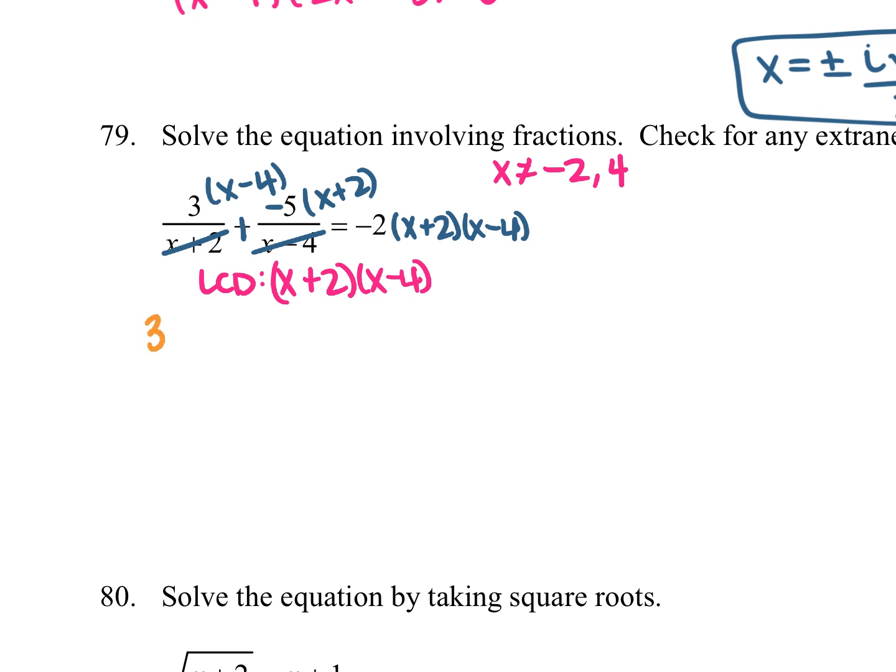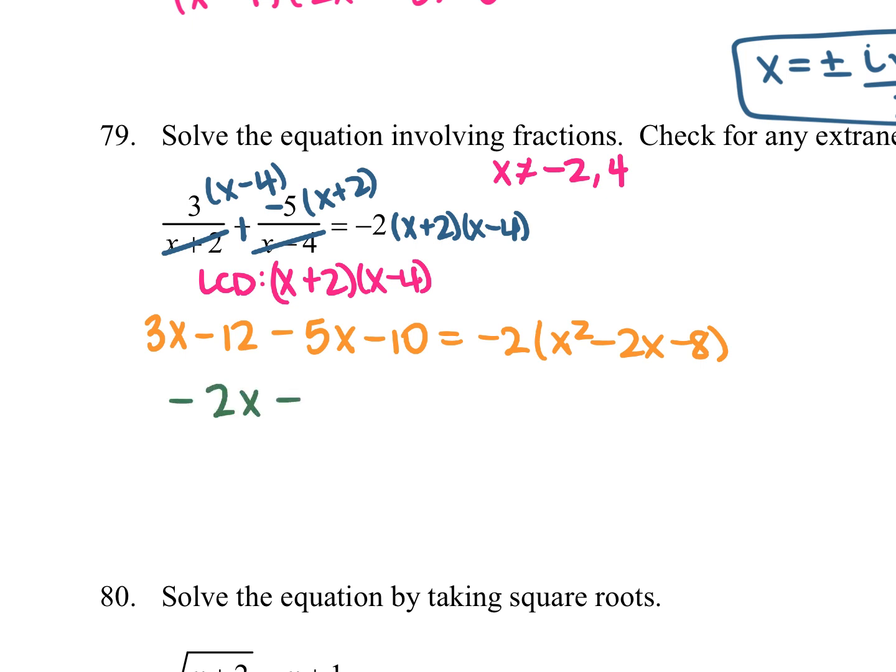This is going to give us 3x minus 12 minus 5x minus 10 is equal to negative 2 times x squared minus 2x minus 8. If we combine like terms on the left, distribute the negative 2 on the right, we're going to have negative 2x minus 22 is equal to negative 2x squared plus 4x plus 16.